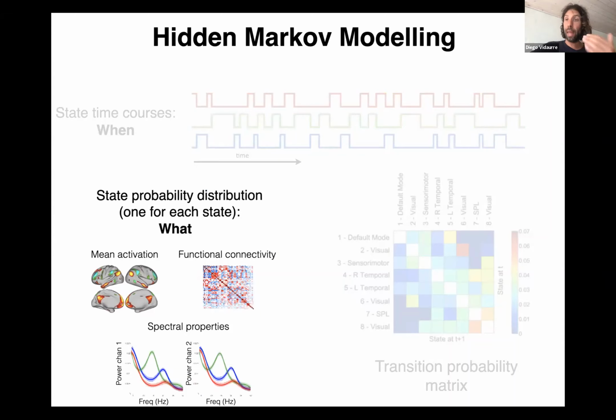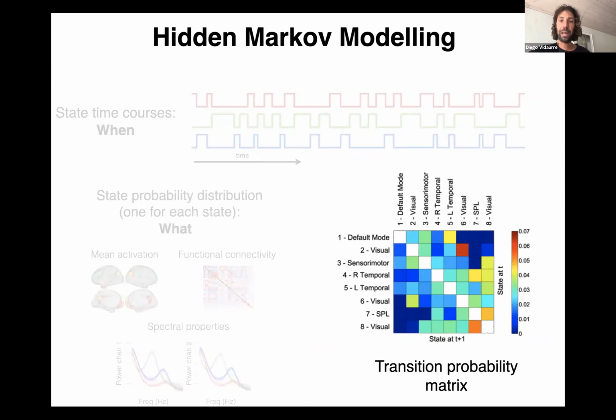So what are the states themselves? What are the spatial properties of the states? Each state is a probability distribution that can be many things depending on the type of data you are trying to model, and that can encode information about patterns of activity or functional connectivity or spectral properties and so on and so forth.